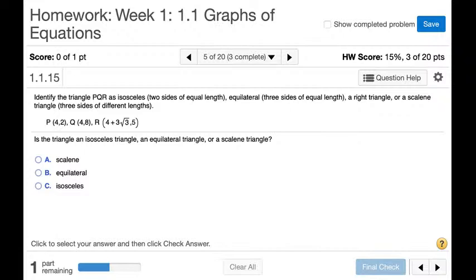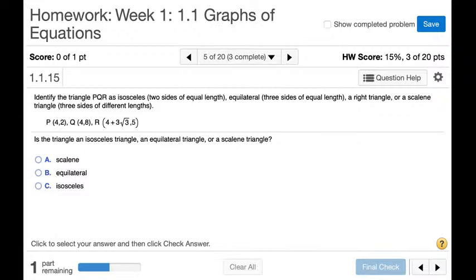So we have that P is 4 comma 2, Q is 4 comma 8, and R is 4 plus 3 root 3, comma 5. Okay, so they're essentially asking us to find the distance between each of these line segments.